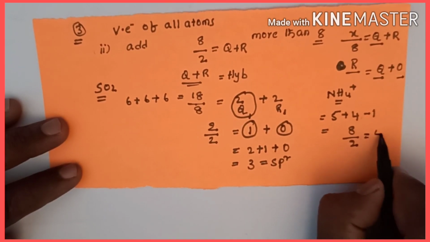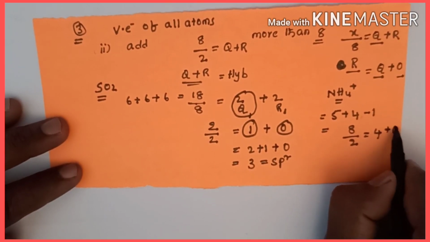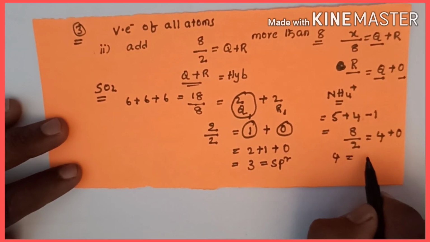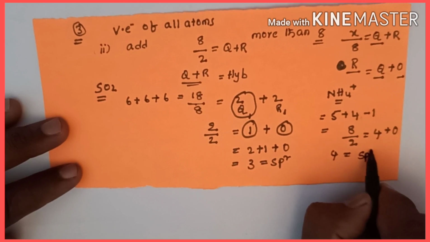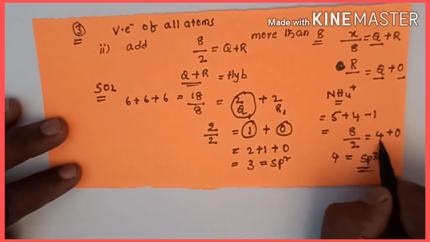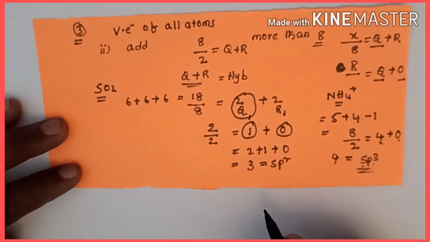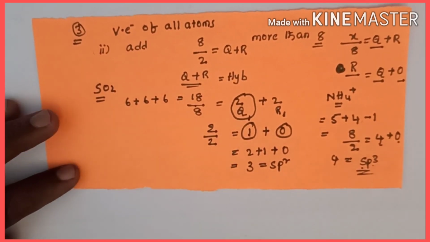Then the coefficient is 4, remainder is 0. So the sum of the coefficient plus remainder is 4, so sp3 hybridization. So this is method 3.